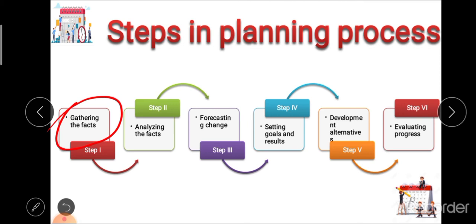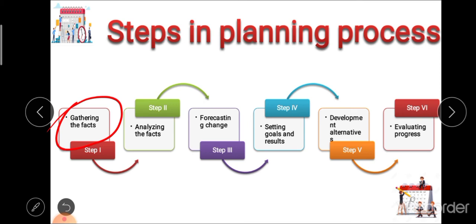You can use any source for collecting that data. Then, after gathering, systematically gather the specific facts needed to make your plan work.